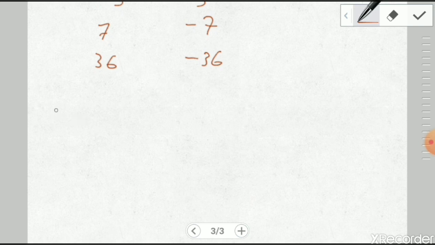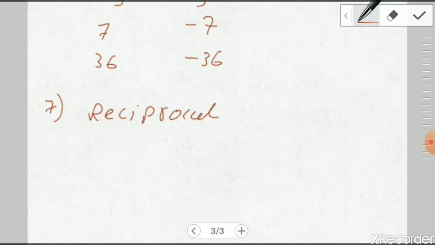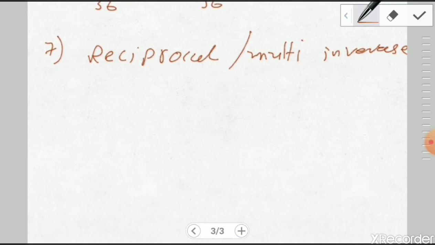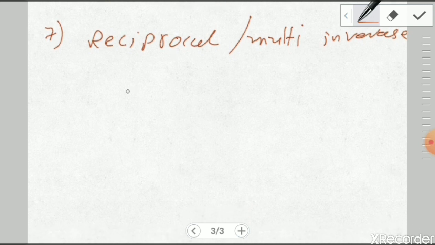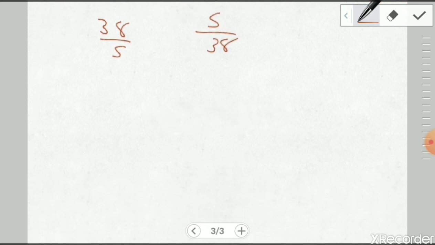Then after that, reciprocal, or in another word, multiplicative inverse. Multiplicative inverse means, 38 upon 5, its reciprocal, or multiplicative inverse, will be 5 upon 38.